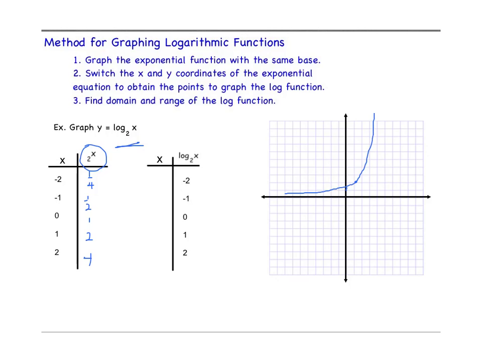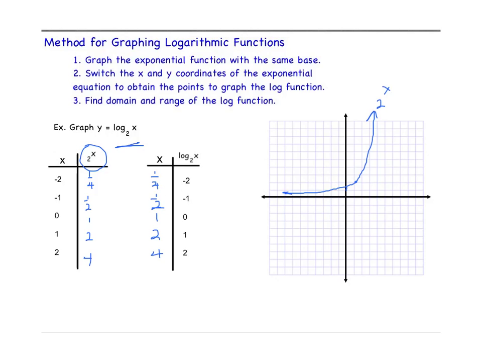can't talk and graph at the same time, here's your exponential function. This is 2 to the x. In order to graph the log, you're just going to switch the coordinates. So instead of x being -2, the y is -2, and so this is now 1/4, 1/2, 1, it's really small, 2, and 4.